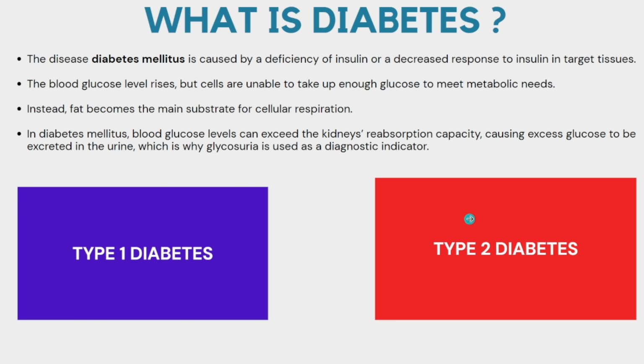So there are type 1 and type 2. Type 1 is an autoimmune disease, meaning that your body cannot produce insulin. Type 1 is very special.